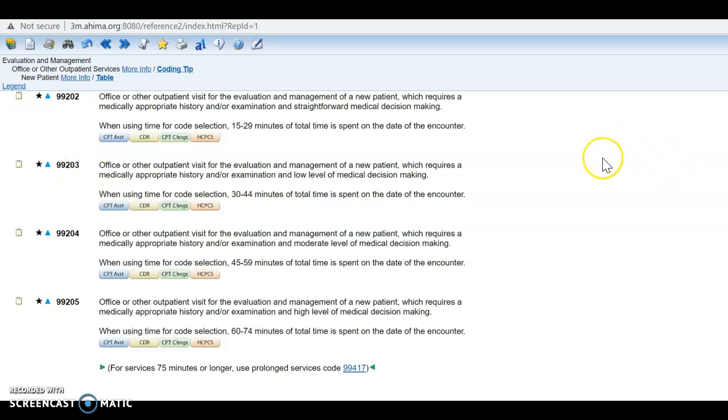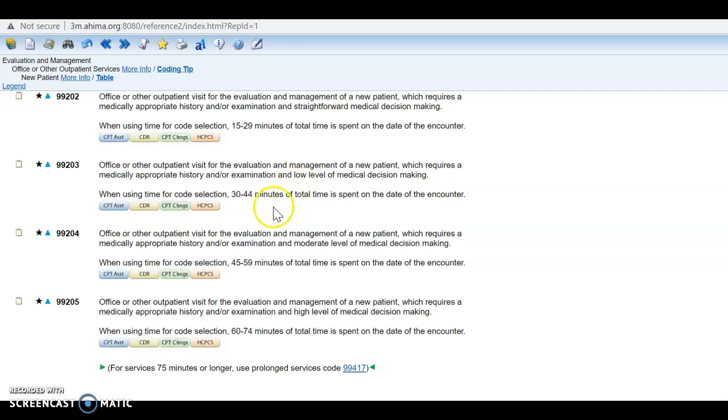Now keep in mind, this is how it all comes together. So I'm a new patient. I come to the doctor's office. Let's say you're working in dermatology and the patient's coming in for acne. And they've been struggling a lot with the acne, and the doctor spends about 35 minutes with them explaining different options, different treatment methods, just going over how to do skincare, all that good stuff.